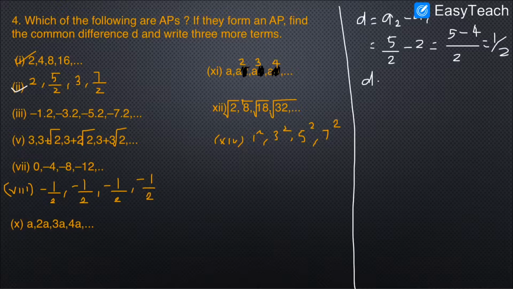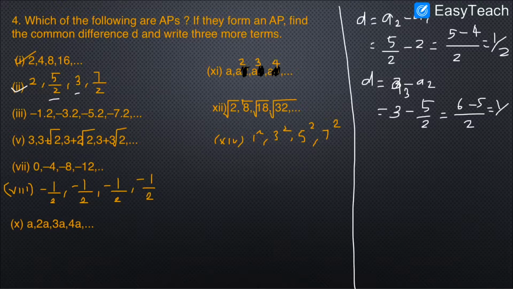Let's find the difference between the 3 and 5 by 2. So 3 minus, which is A3 minus A2. Okay, so what is A3? 3 minus A2, which is 5 by 2. Let's see the difference: 2 3s are 6 minus 5, again 1 by 2.